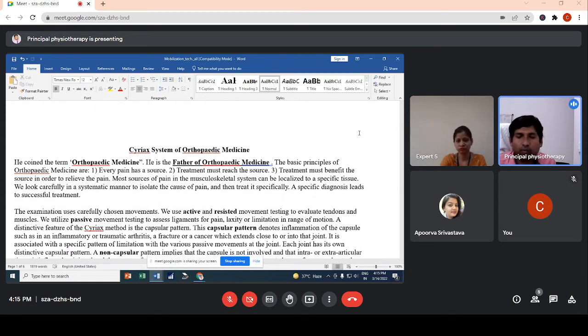Because of the repeated movement of the wrist, the muscle tendons that arise over the lateral epicondyle get ruptured or strained.